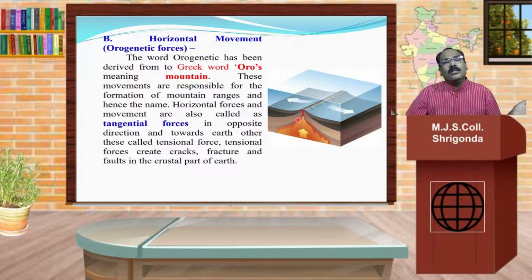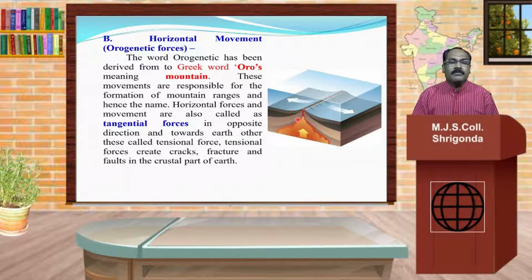Then the horizontal movements, the orogenetic force. The word orogenetic has been derived from the Greek word oros, meaning mountain. These movements are responsible for the formation of mountain ranges, and hence the name.